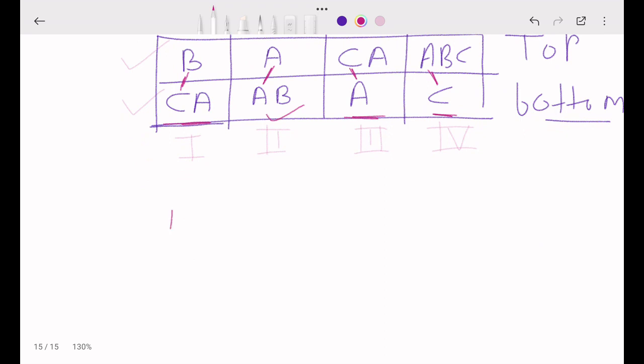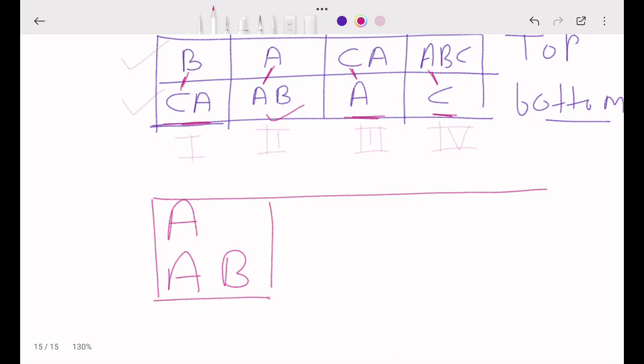So at first I am taking this one, A and AB. I have taken it. Next I have taken the first, so this cancels, this cancels. Cancel means both are equal. Now what is the bottom of the stack?